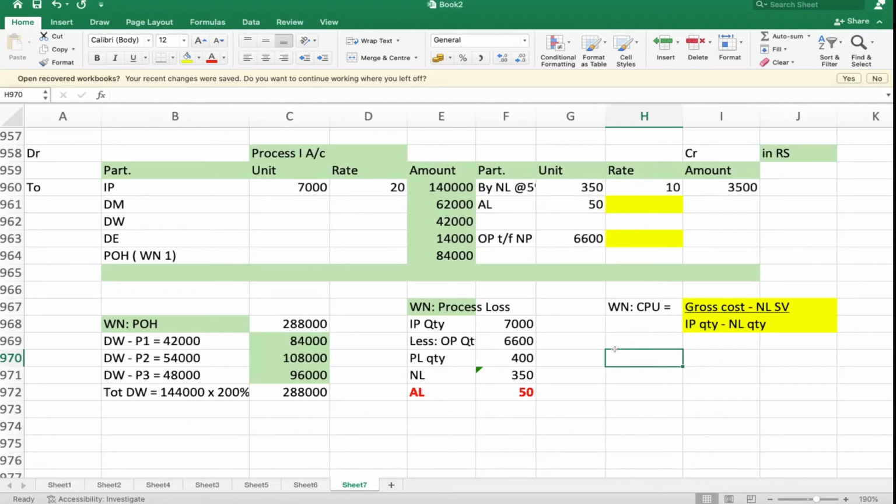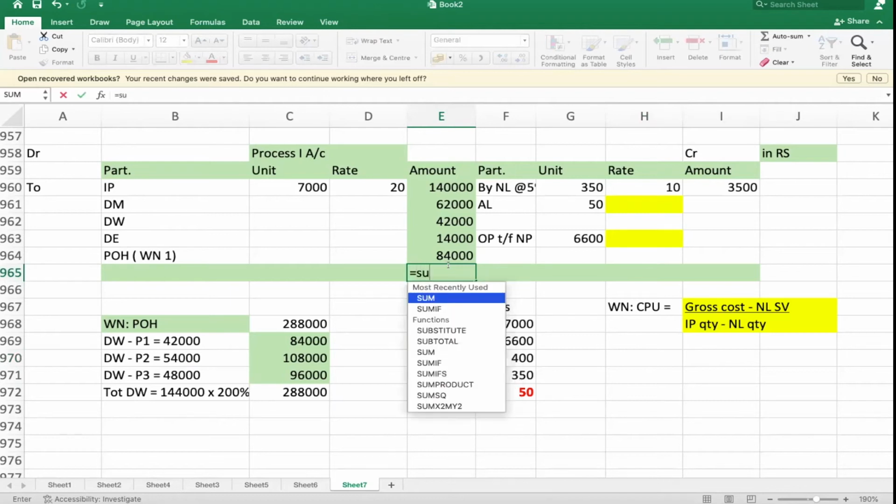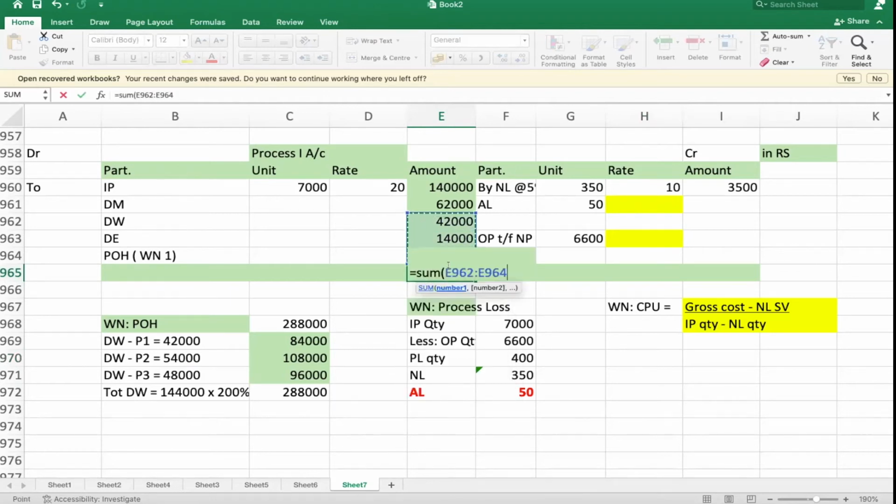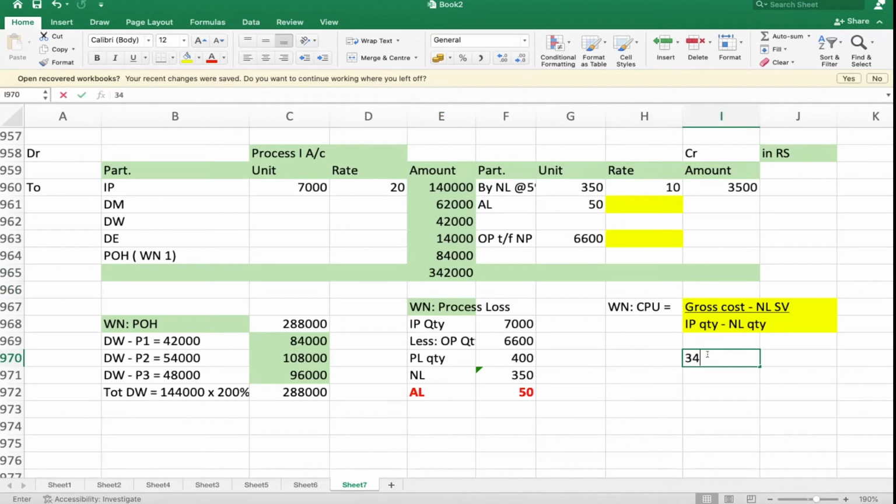Gross cost. So we have to identify the gross cost. How much is the gross cost, Kanna? 3,42,000. Very good. 3,42,000 minus normal loss salvage value 3,500, divided by input quantity 7,000 minus normal loss quantity 350.